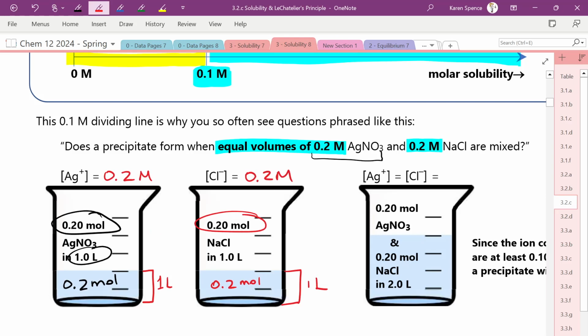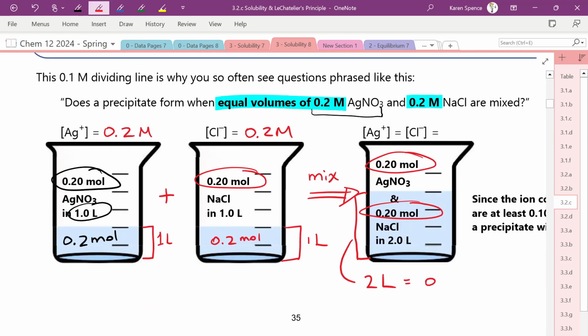And now we are going to put these together and mix them. So now we have 0.2 moles of silver and 0.2 moles of chloride, but our volume is now 2 liters.